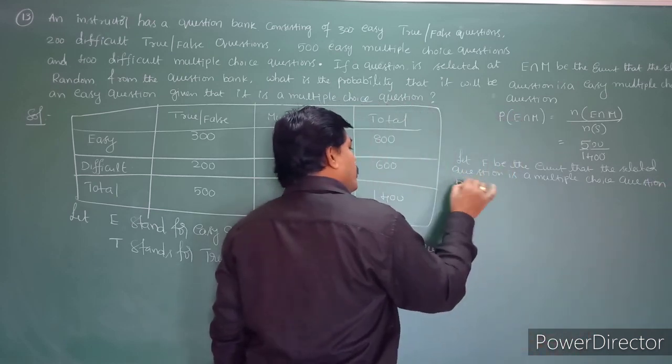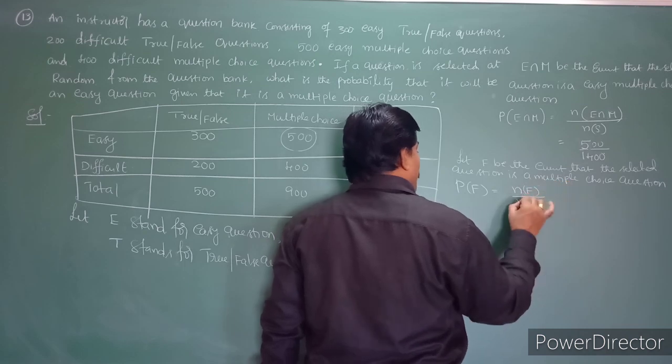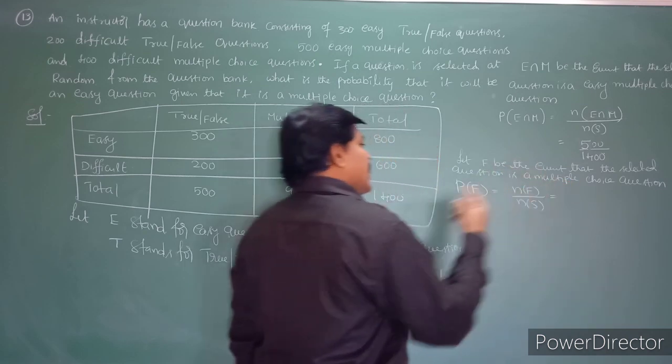That is nothing but the probability of F is equal to N of F by N of S. So what is N of F?